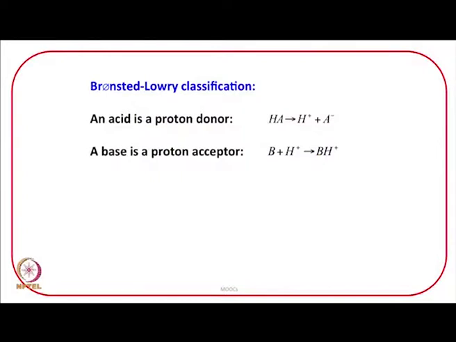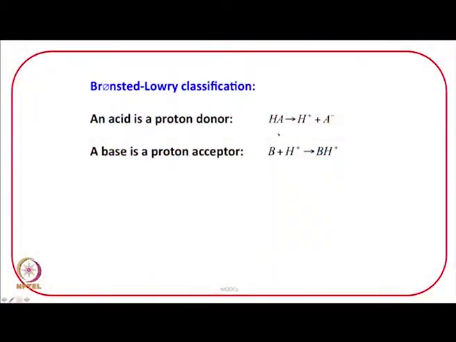First of all, let us talk about the Bronsted-Lowry classification of an acid. Let us take a look at the slide. According to Bronsted-Lowry classification, an acid is a proton donor. A substance which can donate a proton to another molecule will be classified as an acid.